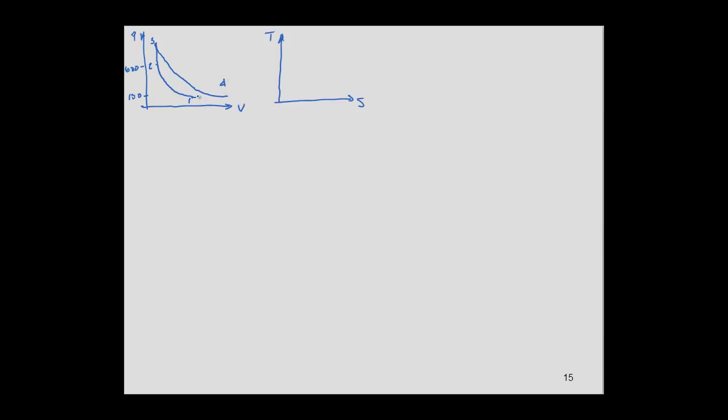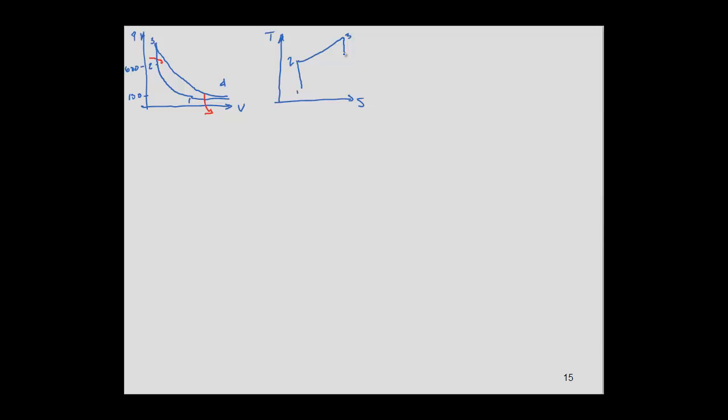And at the end we have a constant pressure heat rejection. So if we draw the interactions, this is Q in, this is Q out. Here we draw the same for the TS diagram. We're going to start by recognizing that the compression is isentropic, so it's a vertical line. Then we'll have constant volume heat addition.